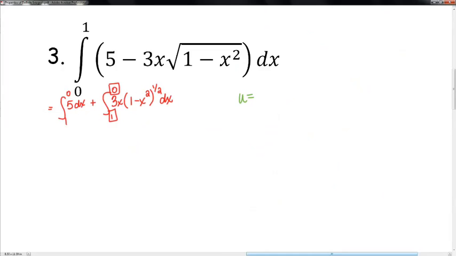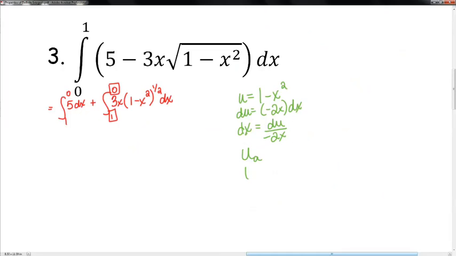U is equal to 1 minus x squared. Du is negative 2x dx. Dx is equal to du divided by negative 2x. And once again, since I'm switching my bounds, I have to have a new a and new b.